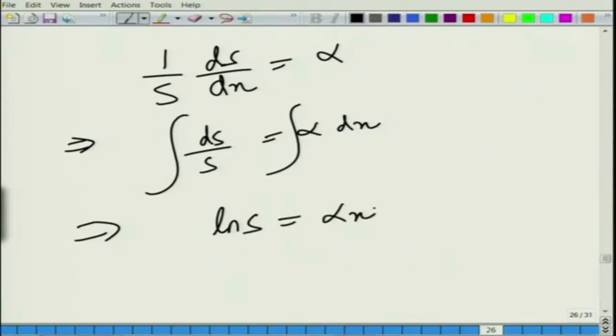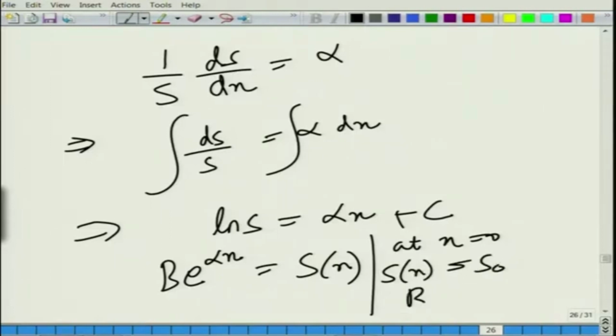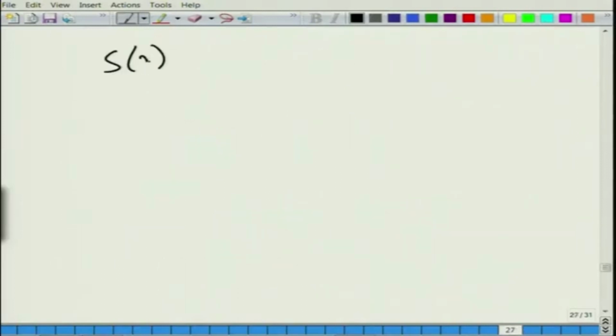Do not worry about the arbitrary constant of integration; it will come out as e to the power alpha x into e to the power c, let us call this another constant B, equal to S(x). At x equal to 0, let us say S(x) is equal to S naught. So, B becomes S naught, and S(x) becomes S naught into e to the power alpha x.